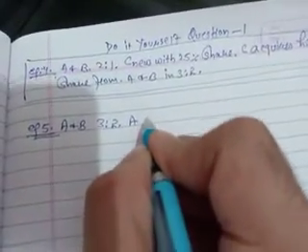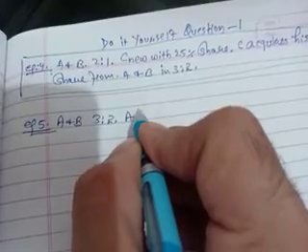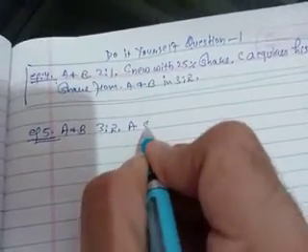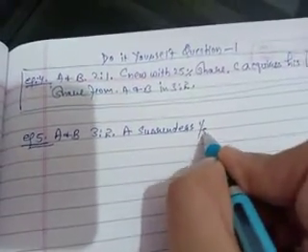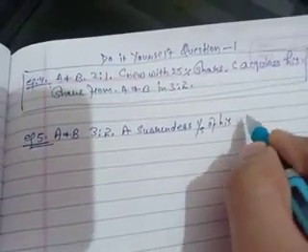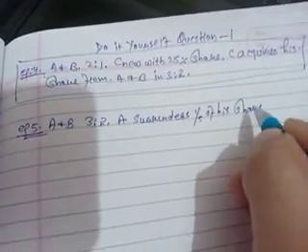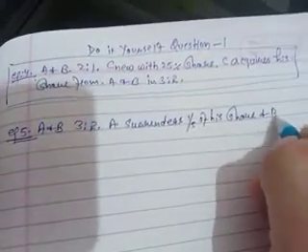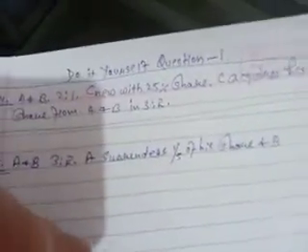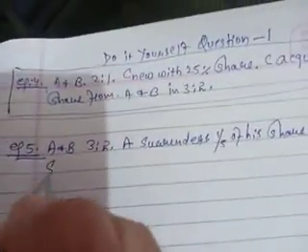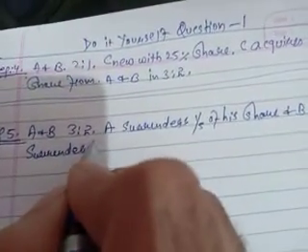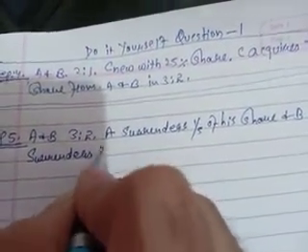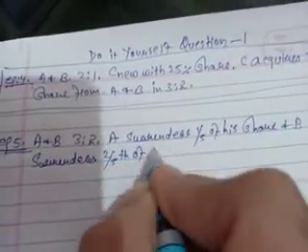Then A surrenders 1/5 of his share and B surrenders 2/5 of his share.